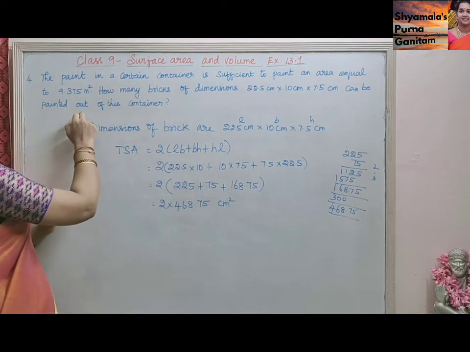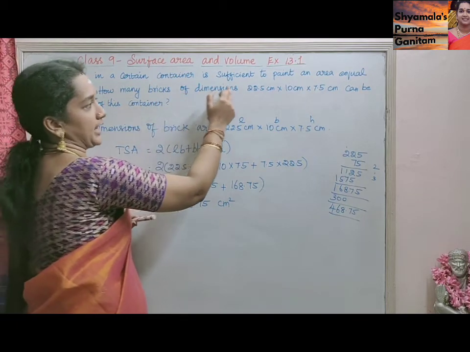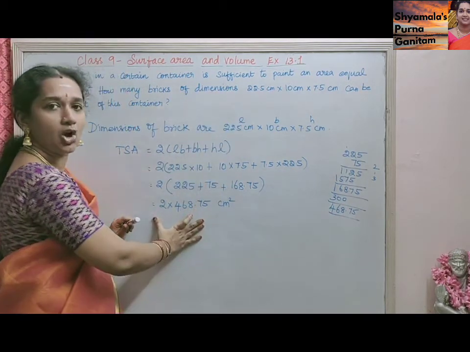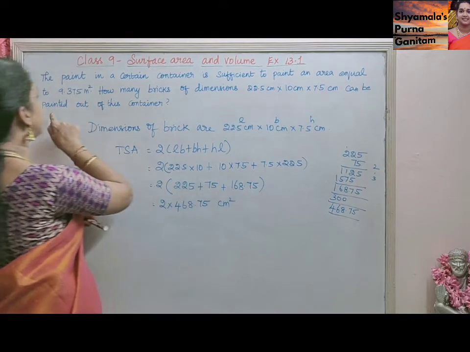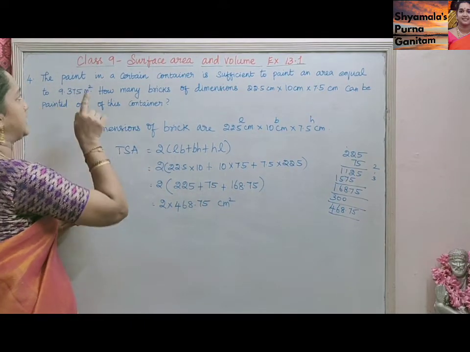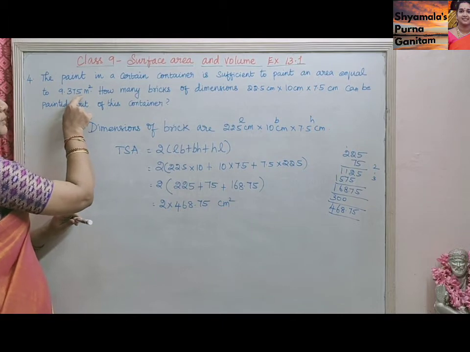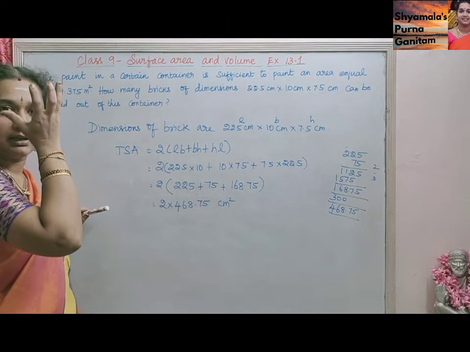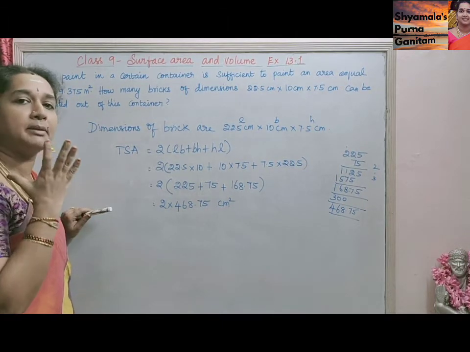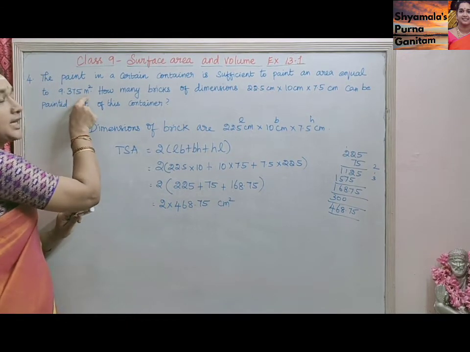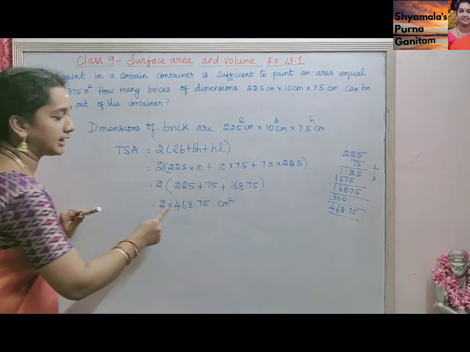What is the question given? How many bricks of this dimension can be painted out of this container? This is the dimension of one brick. The paint in the container can paint this much area, and one brick is this much.